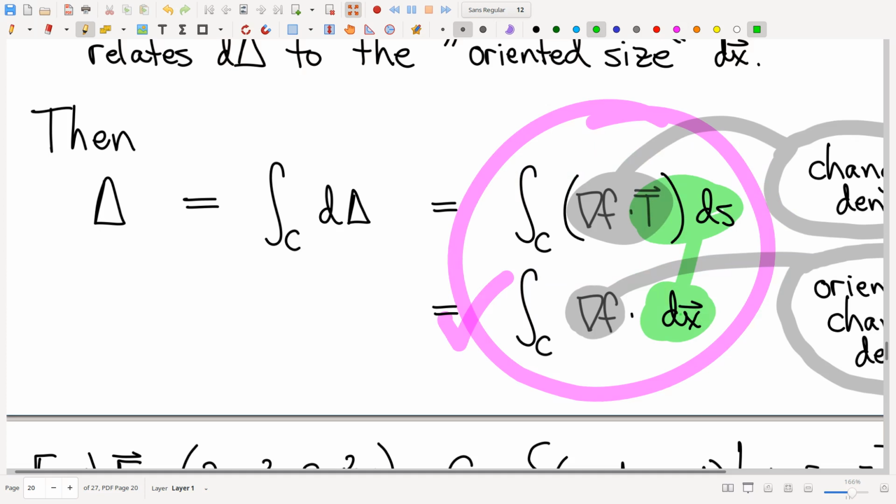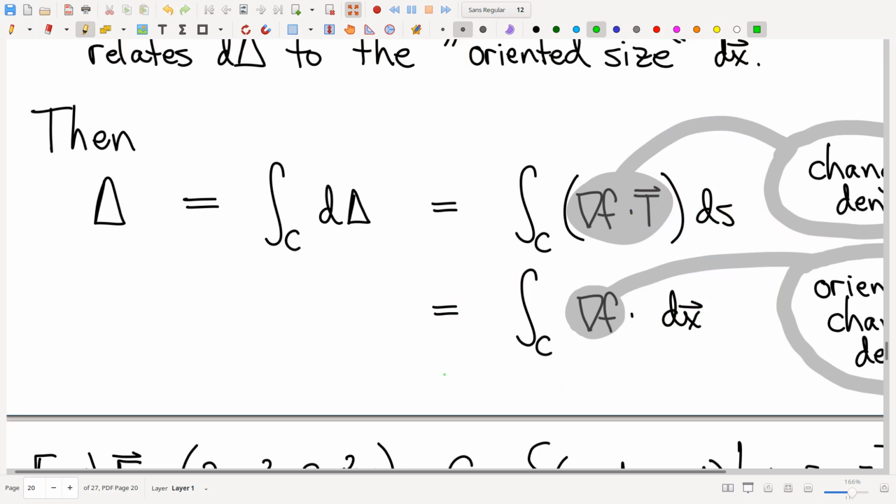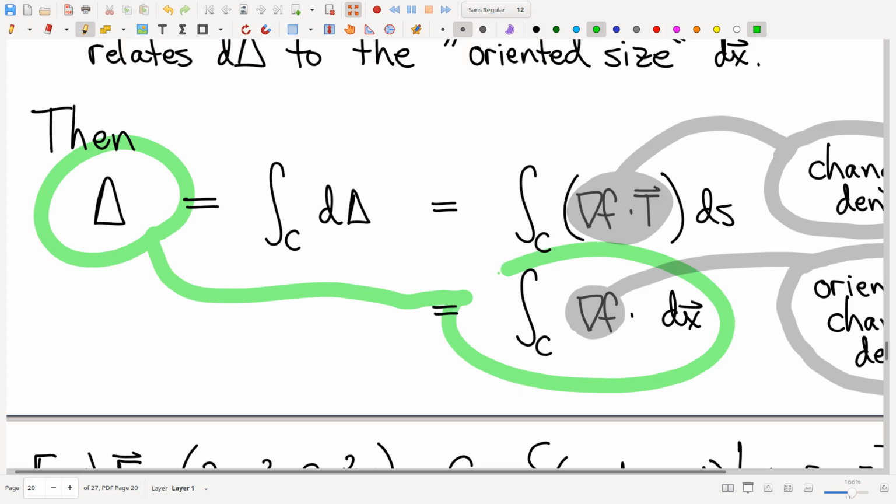How are we doing? Everything's good. All right. Okay, so that said, let's look at this version of the theorem, which frankly is how we tend to think about vector line integrals. This is how I'm going to be writing my vector line integrals.